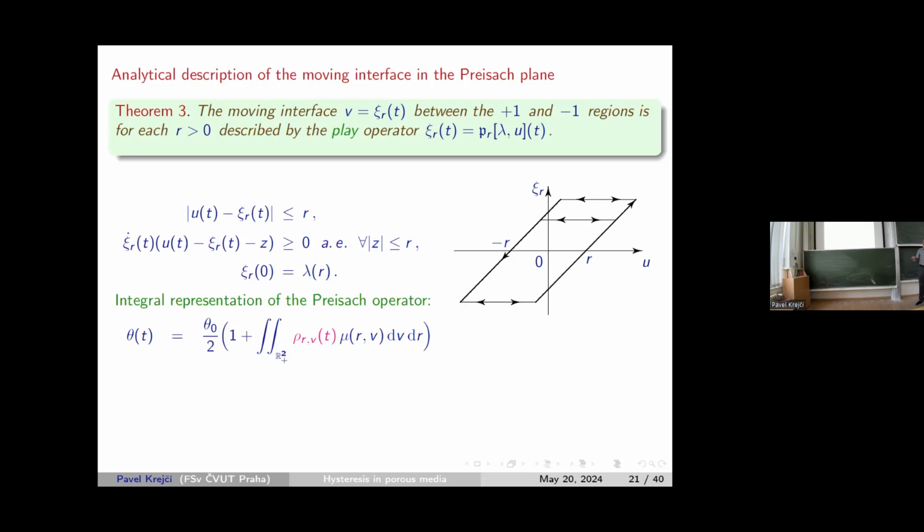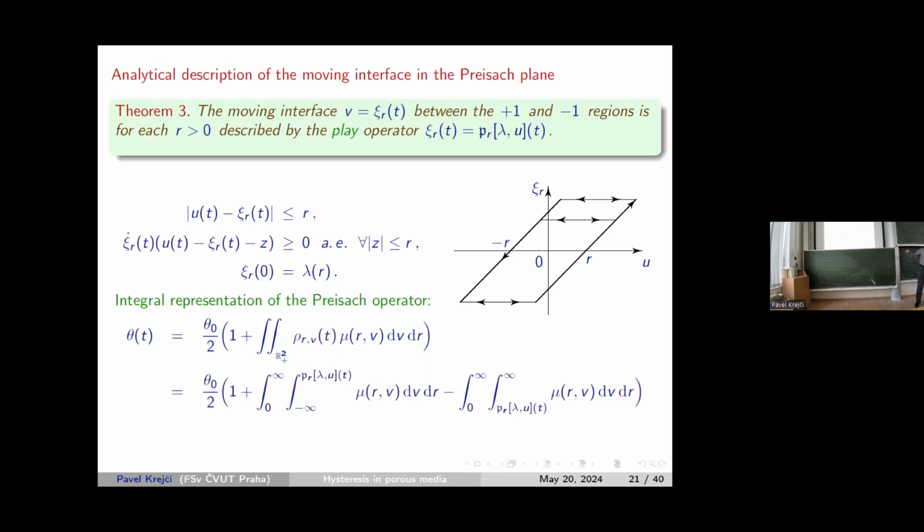And then this means that the Preisach operator was an integral over the relays. What is that? So the relay can be at +1 or -1. It is -1 if we are above the plane, +1 if we are below the plane. So we can split this integral into two integrals.